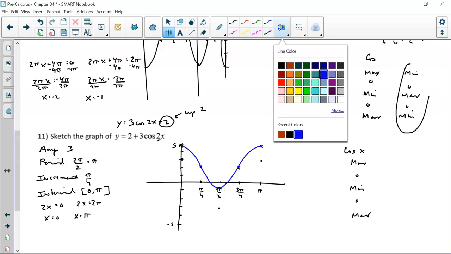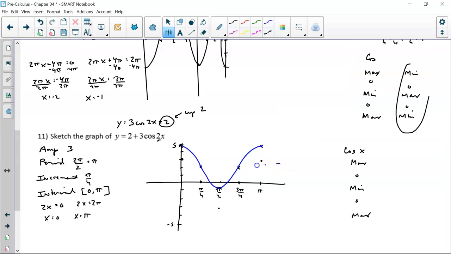And now our graph, instead of oscillating up and down from the x-axis, actually oscillates along the line y equals 2. You can see it's the same distance. It's going to be 3 above y equals 2, and then 3 below y equals 2. And that's our graph when we shift up.